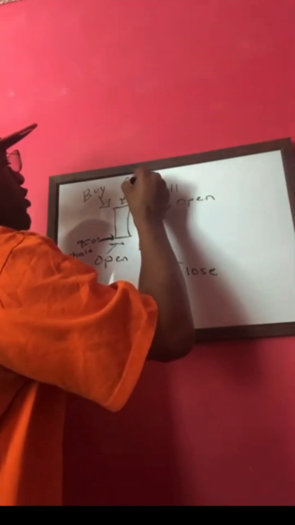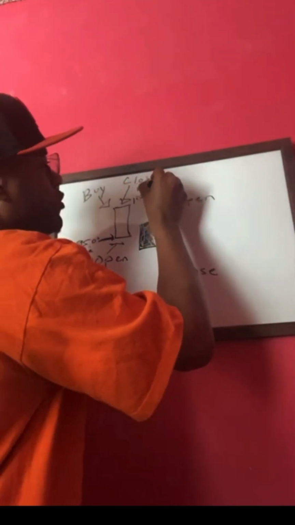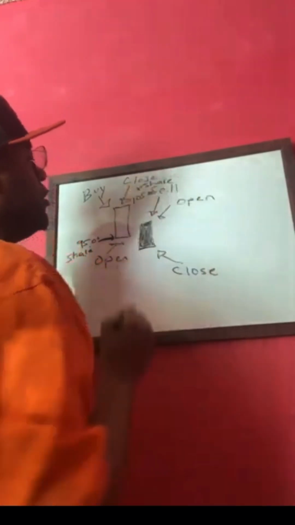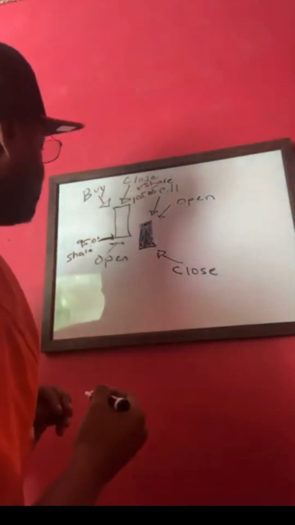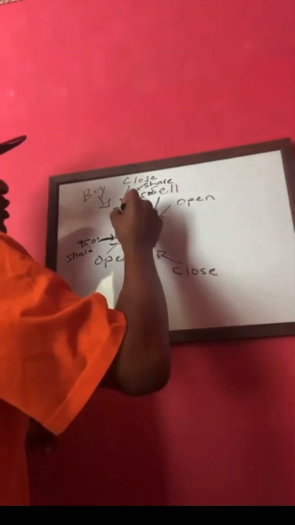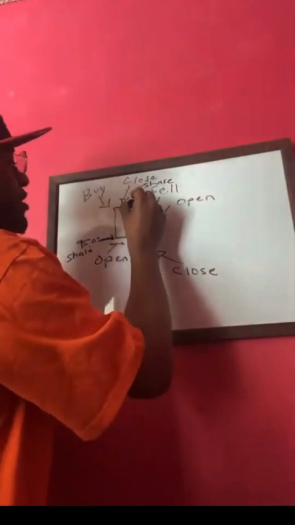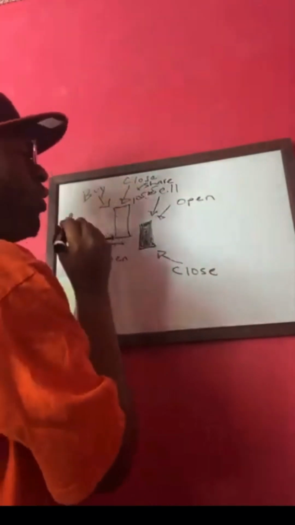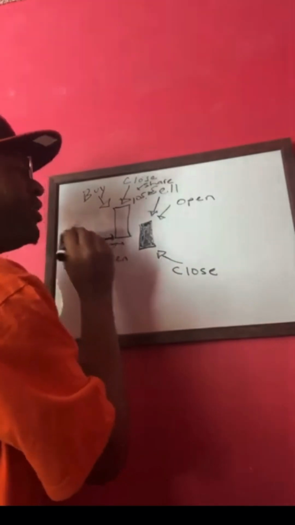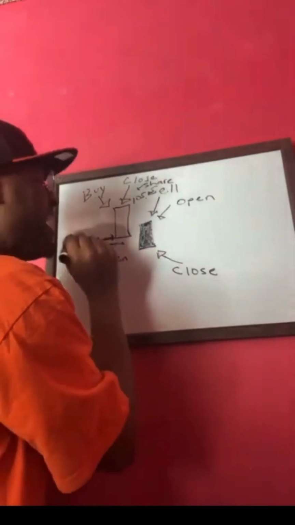I'm going to write the share. I know it's kind of confusing for some of you, but hopefully you stick with me. This would be considered a positive day or a positive candle. You understand? This is a positive buy day.